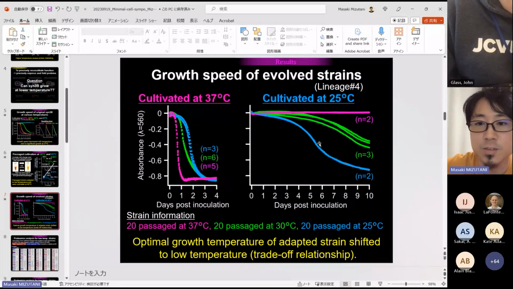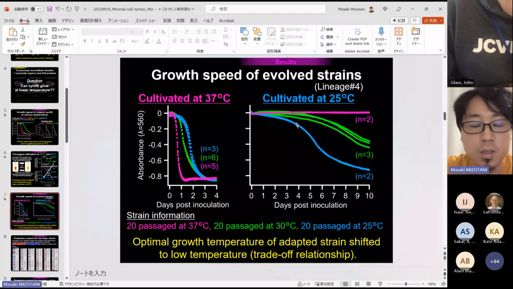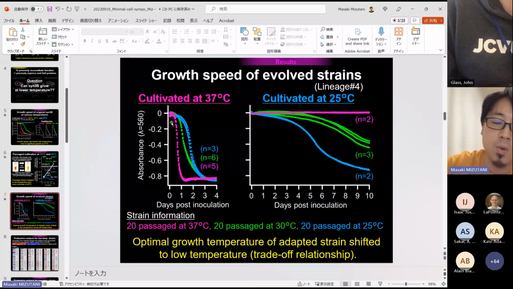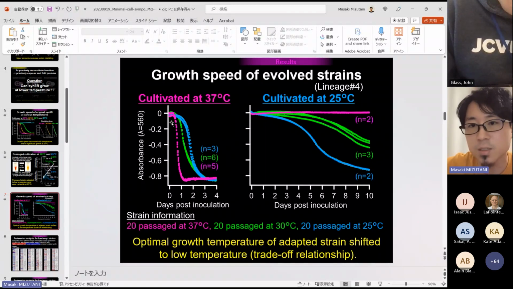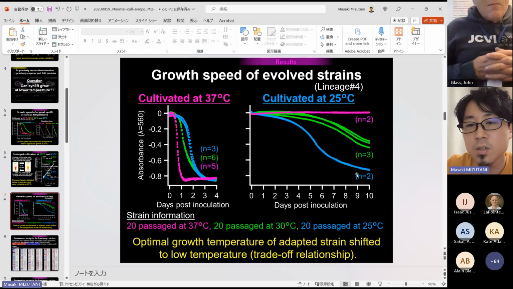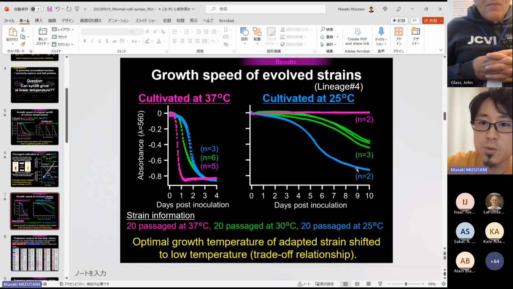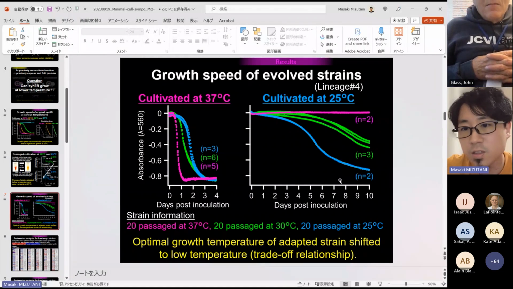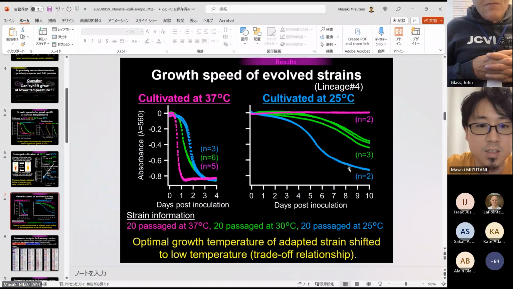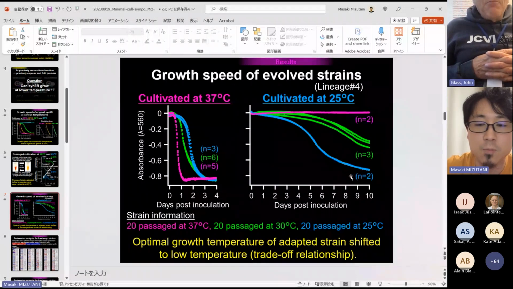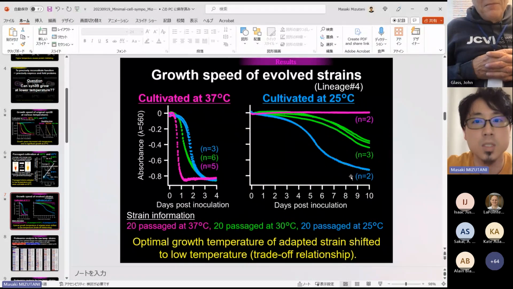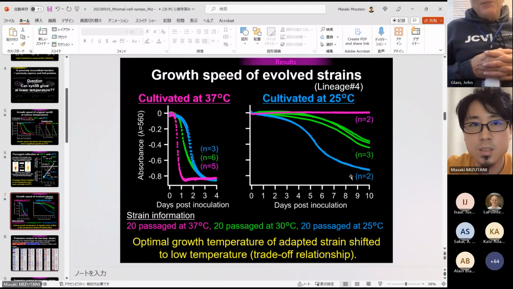We didn't check the exact number, but normally with a 1% inoculation, the normal original Syn3B becomes fully grown in 1 to 2 days or something. And our 25-degree optimized one, cultivated at 25 degrees, takes 7 or 8 days to be fully grown. How long does Mycoplasma mobile take to double? Around 7 hours. Okay. We're not in that league.